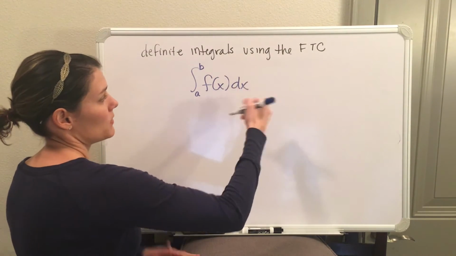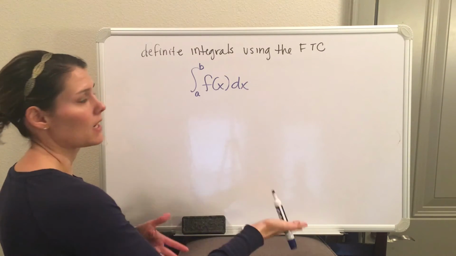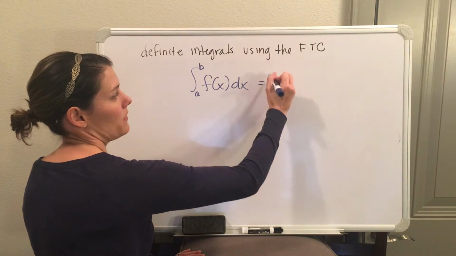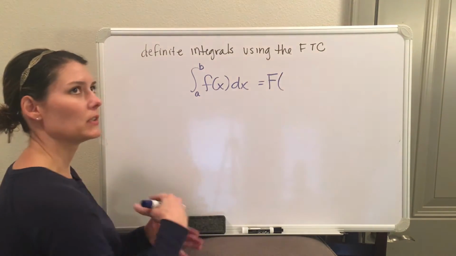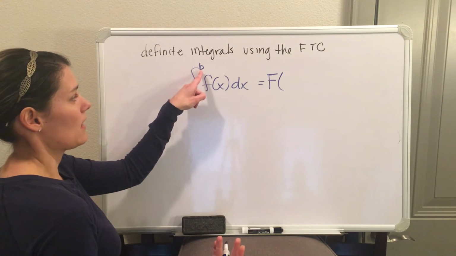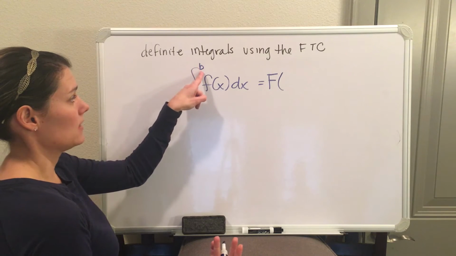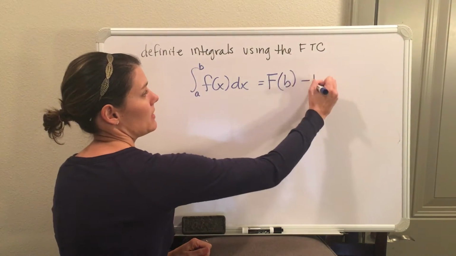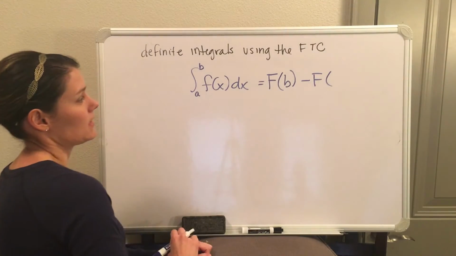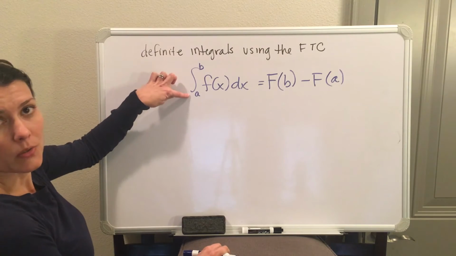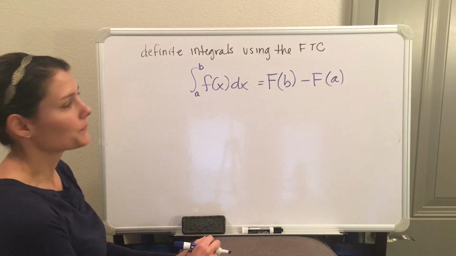And to solve this without using geometry or a calculator, I'm going to take the antiderivative of the function and I will find its displacement by first finding what the function is at the first number, which would be b, and then subtracting it from the second number, which will be a. A is your lower number and b is your higher number.